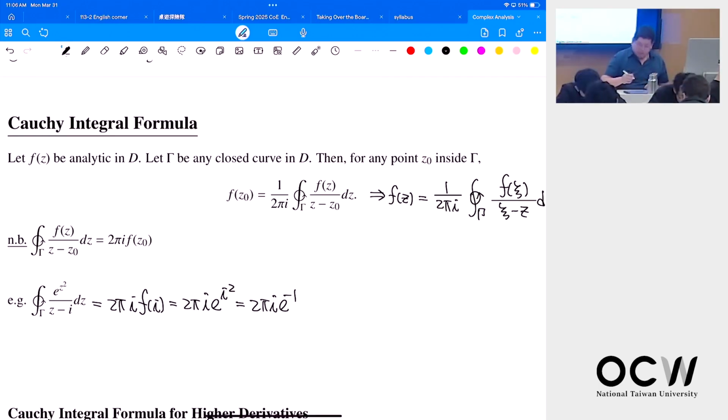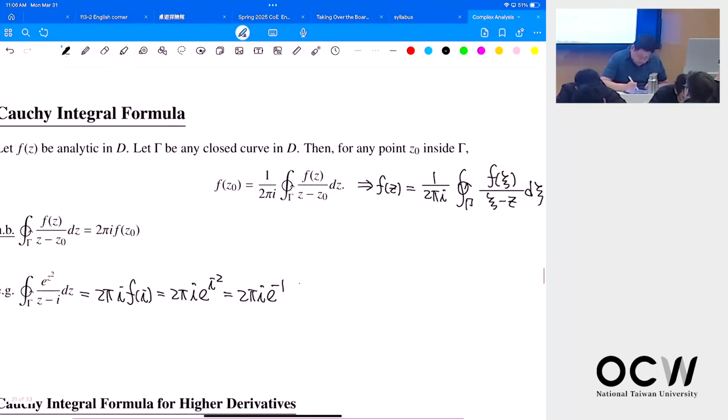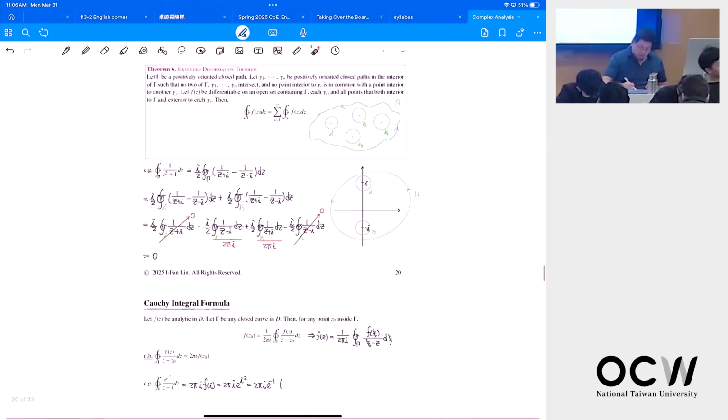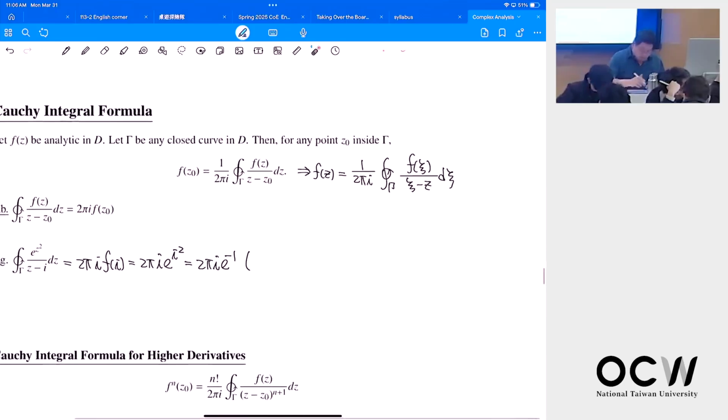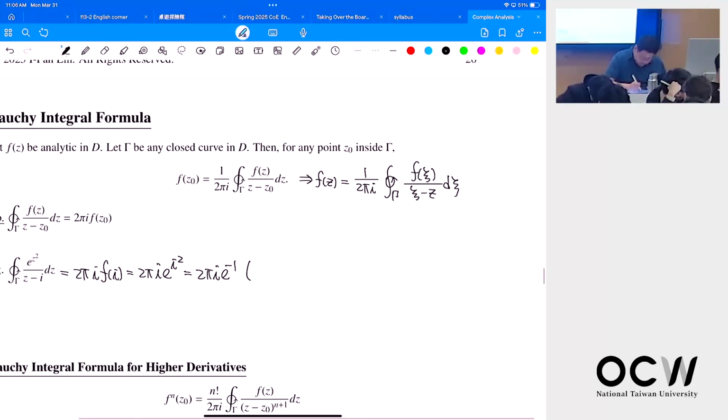This is not complete actually. You should ask where tau is, this closed curve, because this closed curve really affects your answer and also your integration. Okay, so this tau includes z equals i.